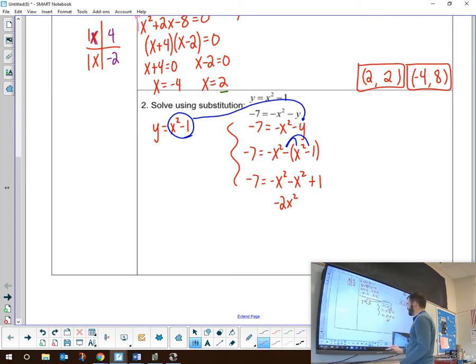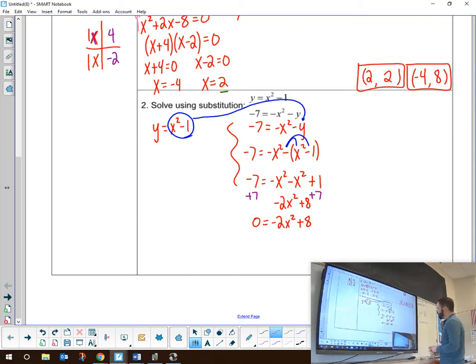And let's go ahead in this step and add this 7 over to this side, okay? So that's going to give me plus 8. All right, so let's write this out. We're going to have 0 equals -2x squared plus 8.